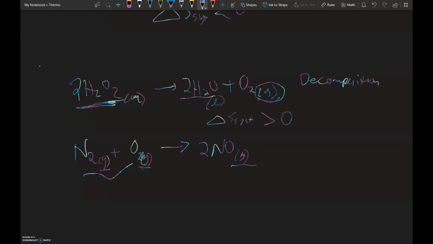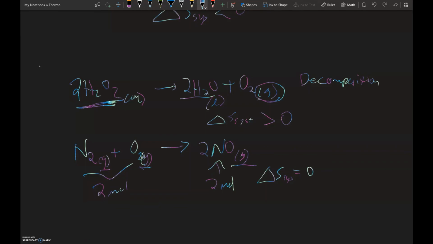So we look at the 2 reactants. The sum of those gives me 2 moles of reactants, and then I look at the products and I see that there are 2 moles of products. So the number of moles does not change. The physical state does not change. So the entropy change of this system is going to be equal to 0, because there's no change that takes place.